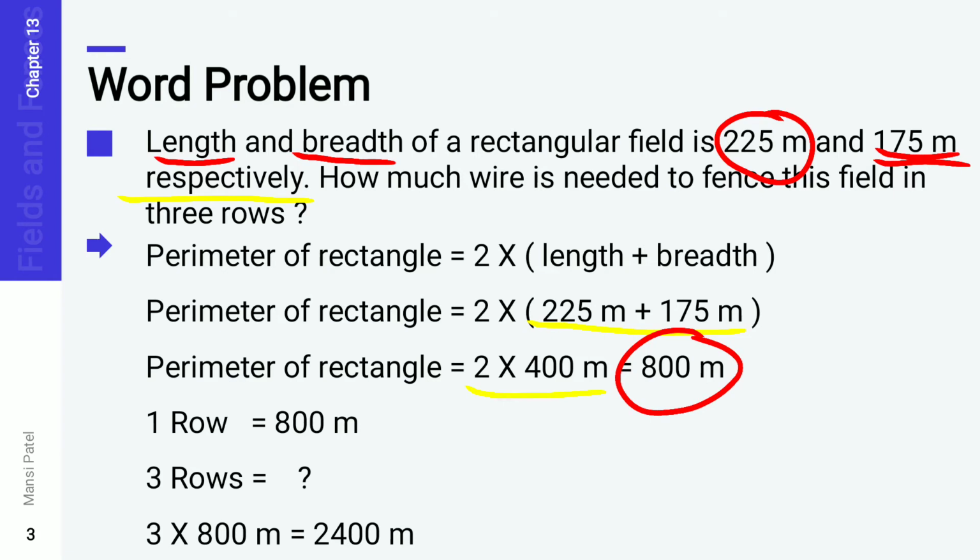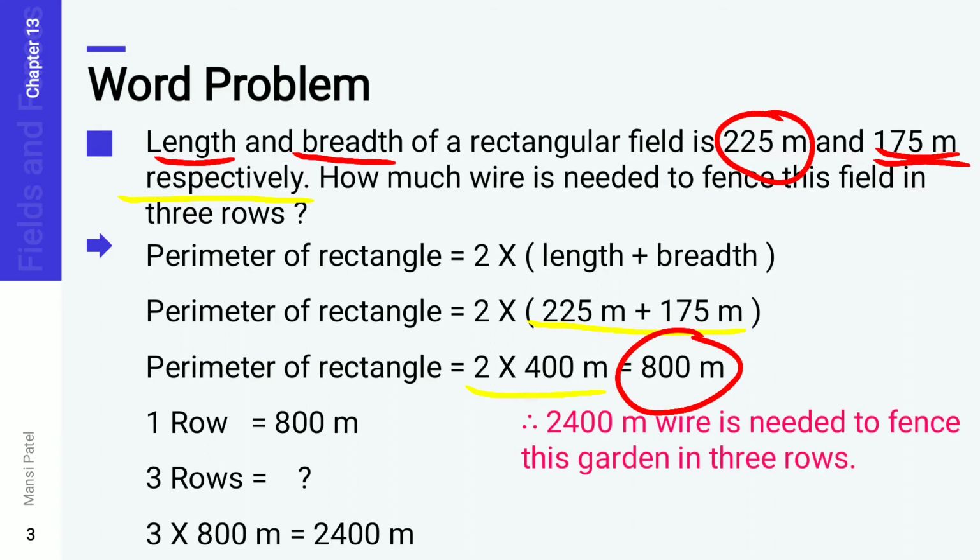Do the multiplication. 3 multiplied by 800 is equal to 2400 meter. Therefore, we can say that 2400 meter wire is needed to fence this garden in 3 rows.